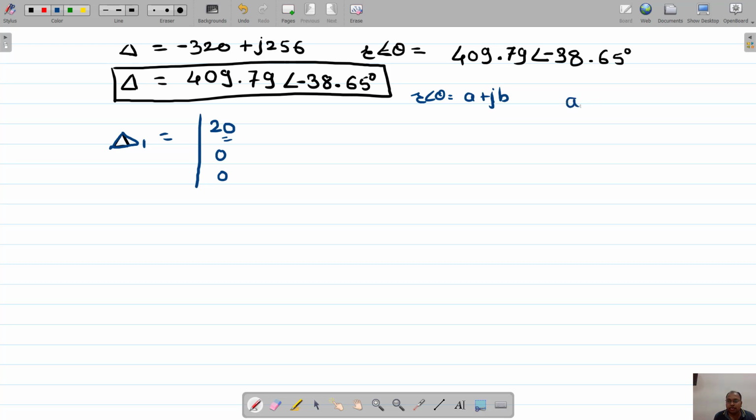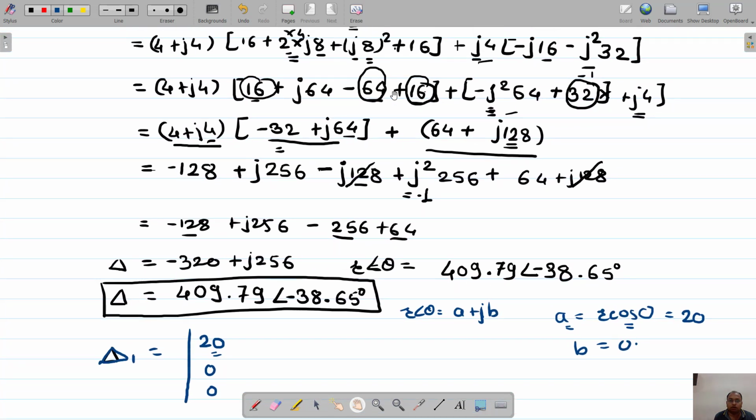So a can be calculated as r cos theta, that is r cos of 0. Cos of 0 is 1, that's why the value of a will be 20. Sin of 0 is 0, so b will have the value 0. That's why I haven't written the angle over here. Is that fine? Great.